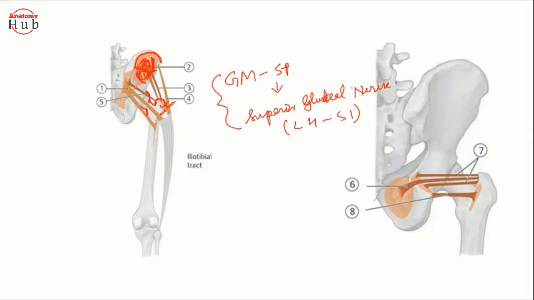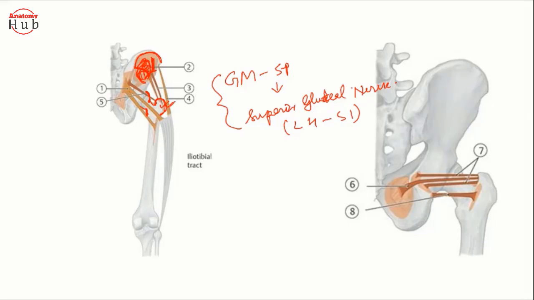The gluteus minimus also takes origin from the ilium, mainly the gluteal surface of the ilium, just below the gluteus medius muscle, and comes downward and gives insertion to the greater trochanter, mainly the anterolateral surface.